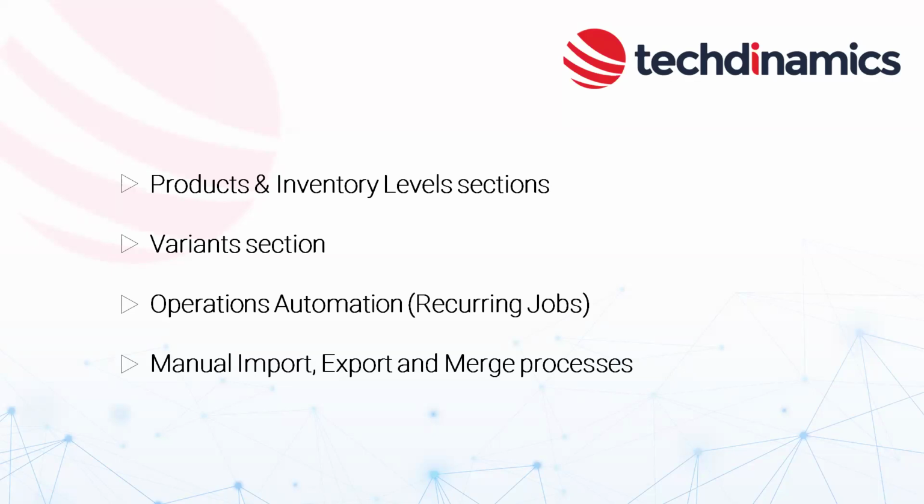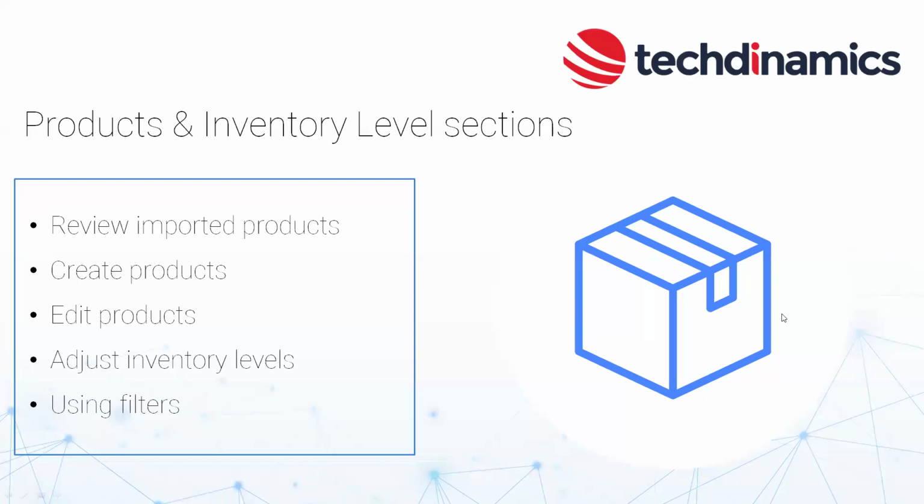That includes manual export and import of products and product maintenance, as well as merging SKUs if at any point you need to do those. But let's deep dive a little bit on these points before we jump into the portal and see how it's done. When it comes to products and inventory level sections, what we are going to do is review imported products.